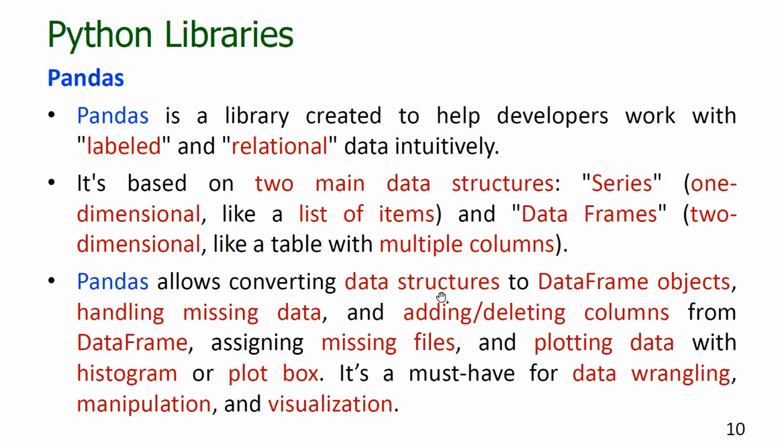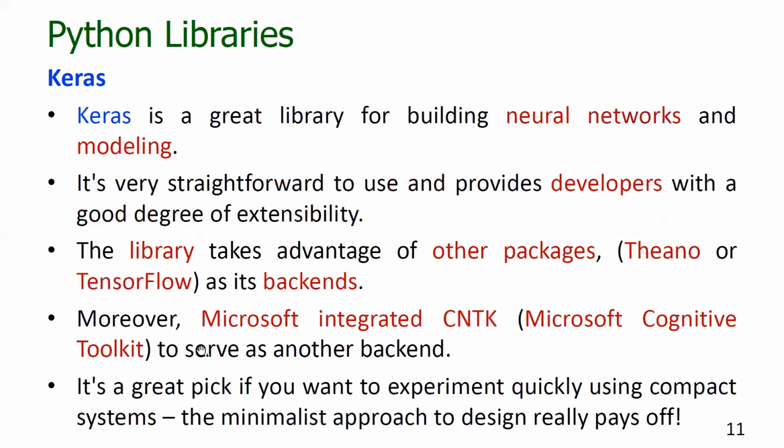Pandas allows converting data structures to DataFrame objects, handling missing data, adding or deleting columns from the DataFrames, imputing missing values, and plotting data with histograms or box plots. It is a must-have for data wrangling, manipulation, and visualization.